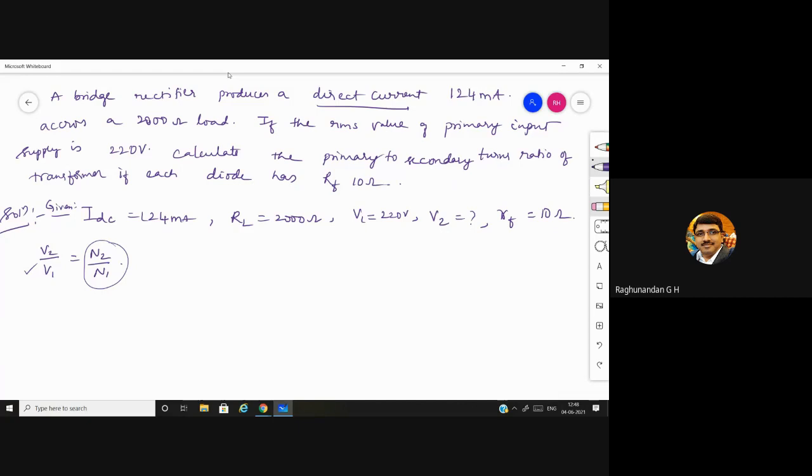In order to find this, first we need to find out what is V2, or how we can find this V2? V2 means the secondary voltage. To know the secondary voltage, will it be in terms of VM or VDC or VRMS?